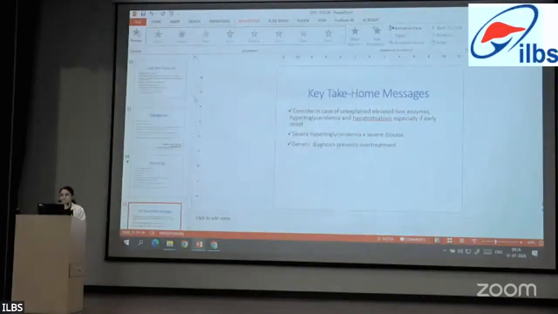For three out of these 5 children, we actually suspected glycogen storage disorder, and for the initial few years we treated like that, because in the absence of a genetic diagnosis at that time we could not do exome sequencing. Subsequently, when we got the exome sequencing reports and compiled these cases, we got to know that this is actually a transient disorder, glycerol phosphate dehydrogenase deficiency.